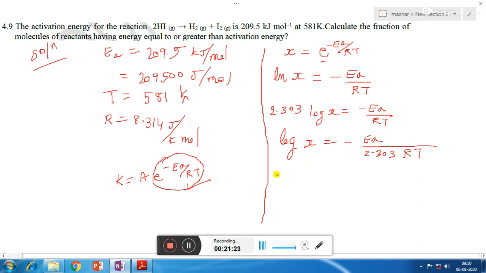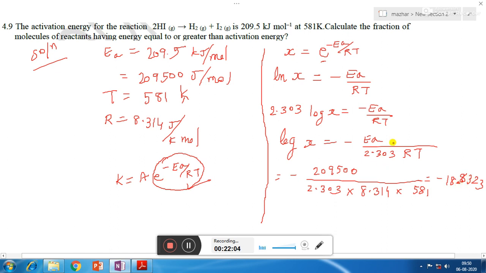So that is equal to minus, now Ea in terms of joule is 209500 upon 2.303 into gas constant R, which is 8.314, into T, which is 581. So when you solve it, it will come out as minus 18.8323.